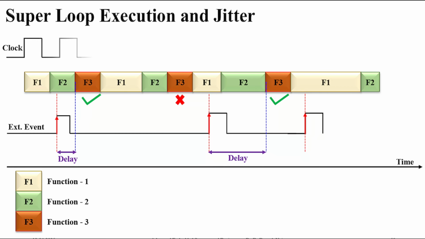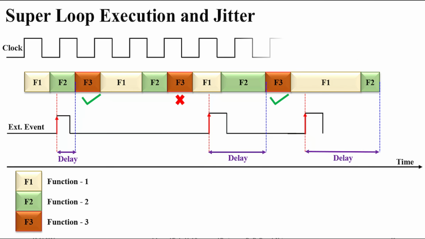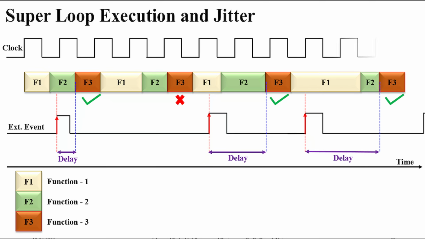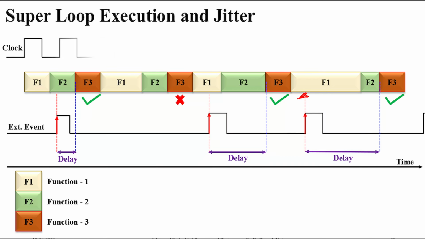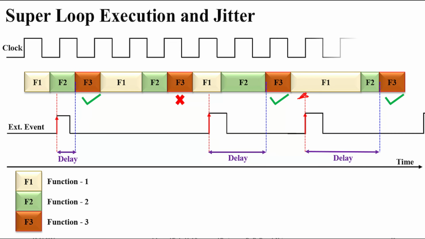In such a case, even if the external event is generated in the middle of function number 1, because function 1 took extra time to complete its job, function 3 will have to wait further for a longer delay.